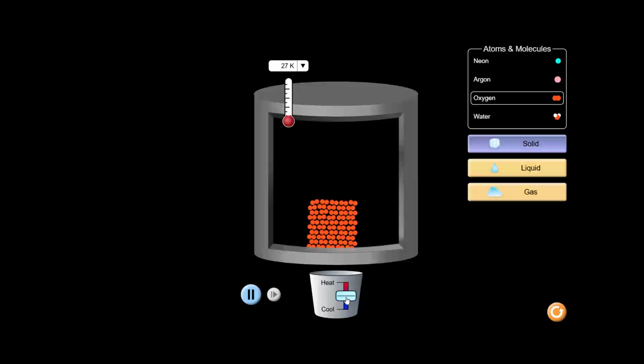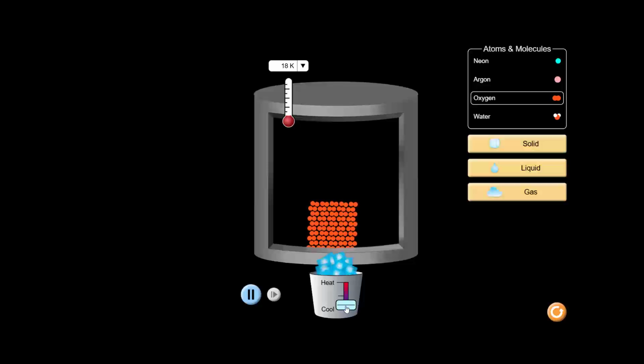Now you can see that there are vibrations of the molecules. They're not just sitting still, but they're not moving around, right? They're not trading partners. They're not moving from one side of the sample to the other. And so the kinetic energy that's present in a solid is largely expressed as vibrations of the molecules.